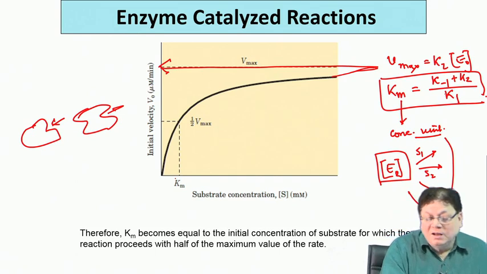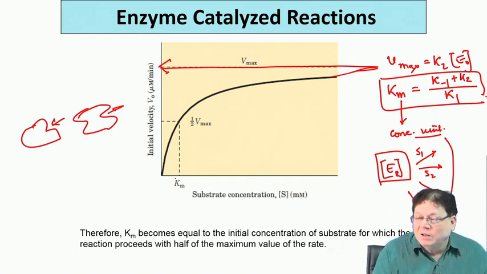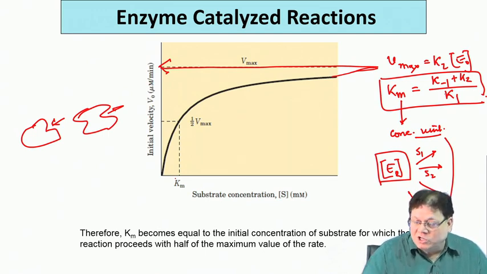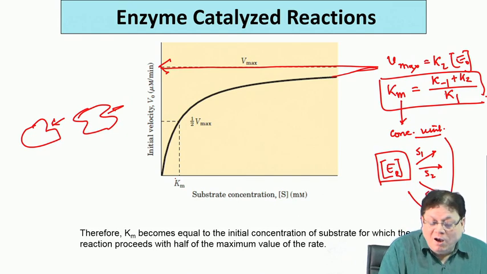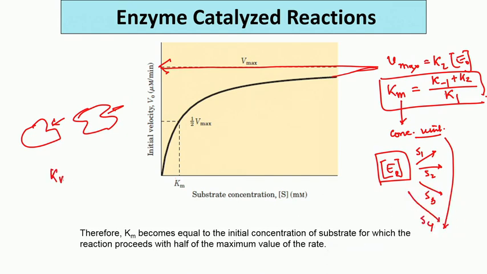That V max depends on your initial enzyme concentration. If you vary the initial enzyme concentration, your value of V max will also change. Now, we have earlier said that K m is equal to the substrate concentration required to reach half of V max.